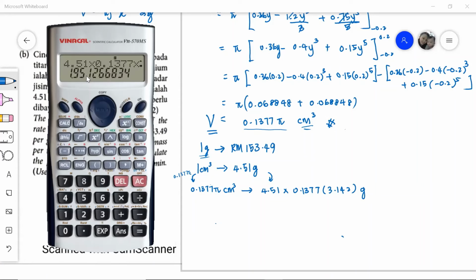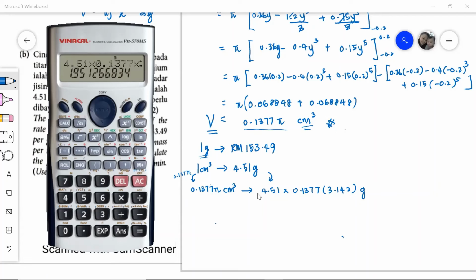Shall we take 4 significant figures, or shall we just take 4 decimal places? We need to use this again for the next calculation, that is to count the price. So it will be better if we use the whole number. We don't round off because small changes here will cause big changes in the final answer.